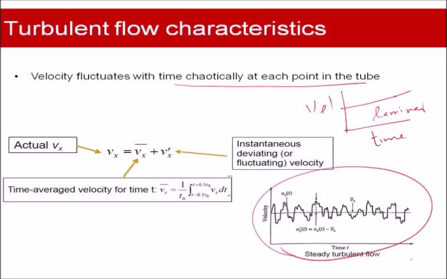And because of this, we make a time average of the actual velocity, and split it into a time averaged velocity and a fluctuating part. So this line is the time averaged velocity. There are positive fluctuations and also negative fluctuations about the average.